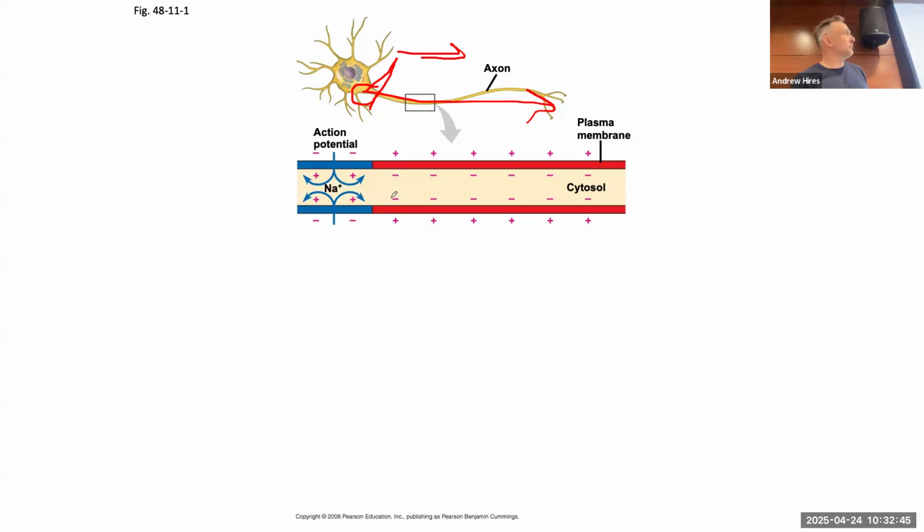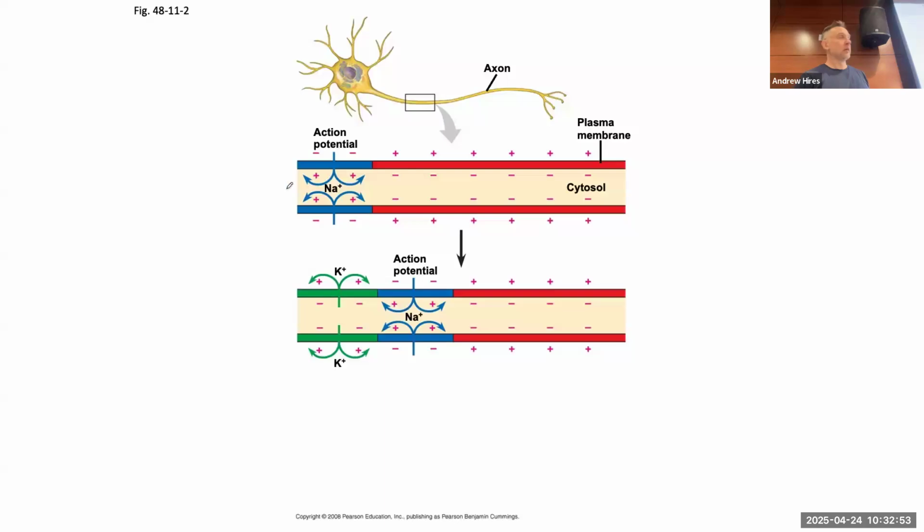That will tend to depolarize the neighboring patch of membrane and trigger voltage-gated channels there to start opening up, which causes this to depolarize.